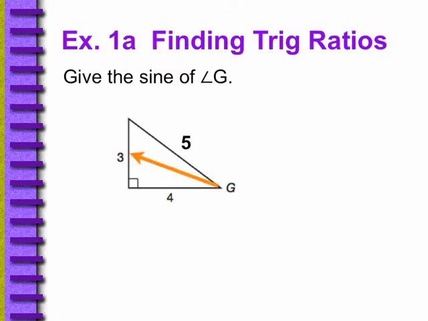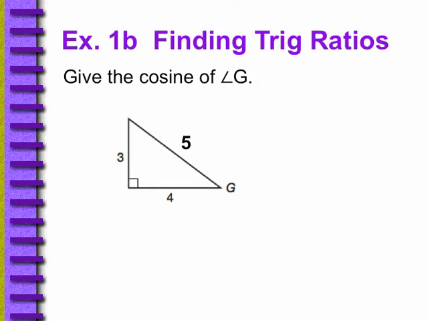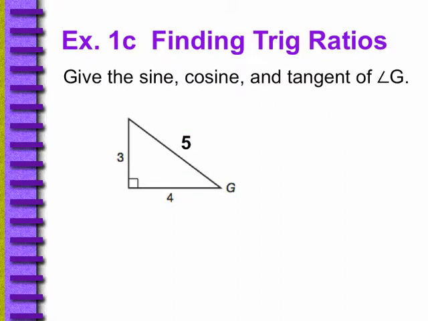So now I know the opposite is 3 to angle G, the hypotenuse is 5, so the sine of G is opposite over hypotenuse, or 3/5. The cosine of angle G is the adjacent over the hypotenuse, or 4/5. And the tangent of angle G is the opposite over the adjacent, and that's 3/4.